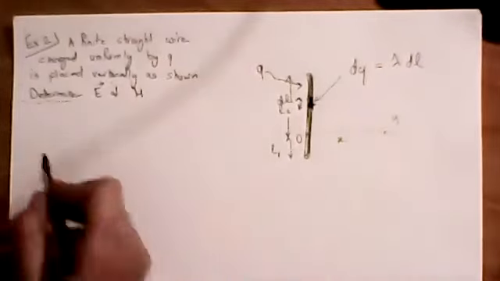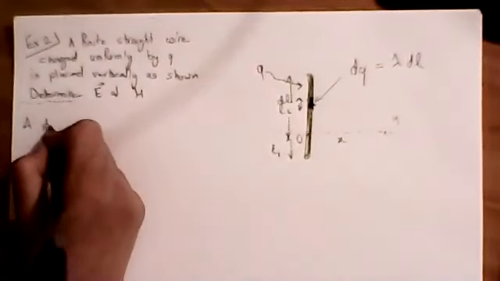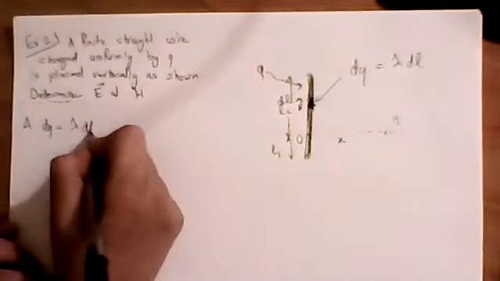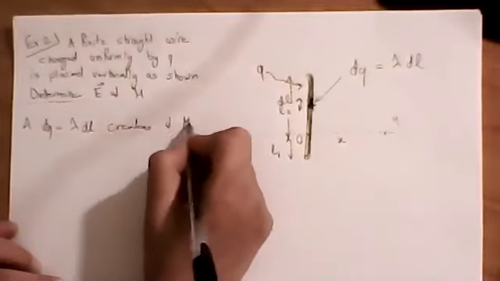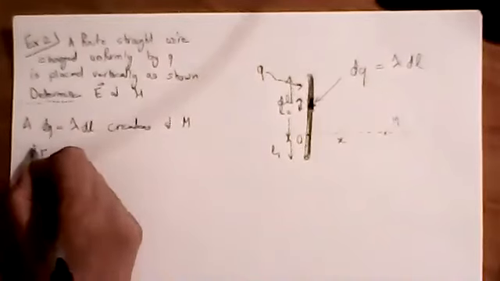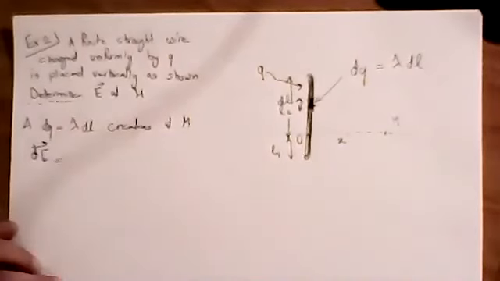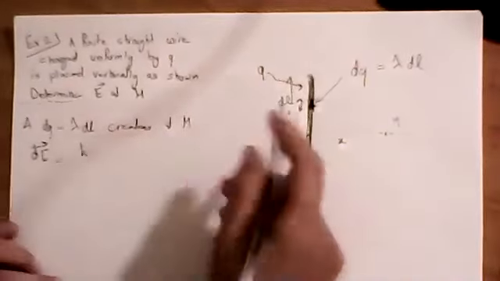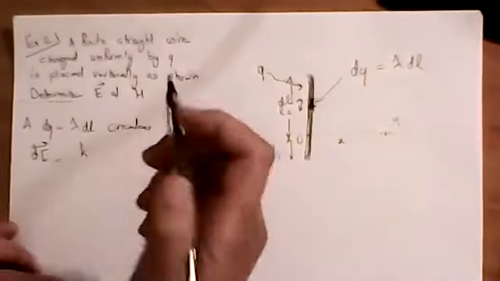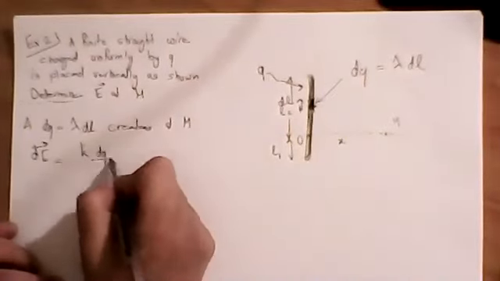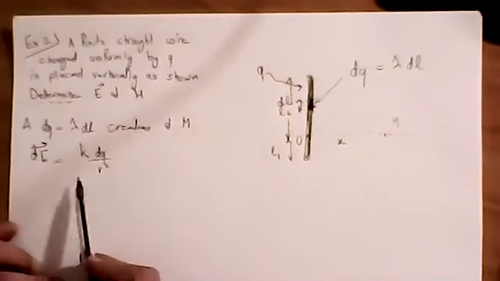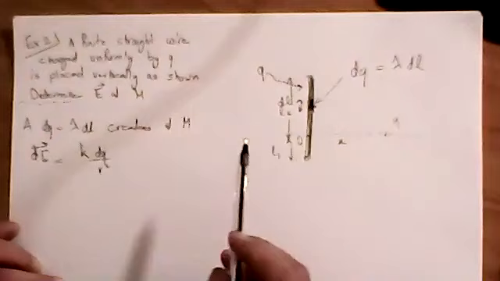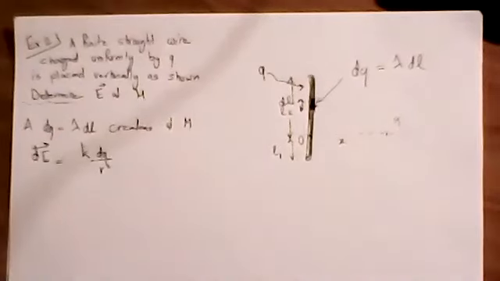Okay, then what do we say? A DQ, which is lambda DL, creates at M a DE, actually a vector, such that it's K, as if it's a point charge but carrying DQ, so K DQ over distance squared. And it will give me the direction. Before I finish this expression, I put on the figure a sketch of this DQ and DE.